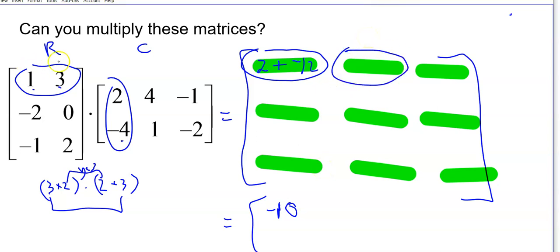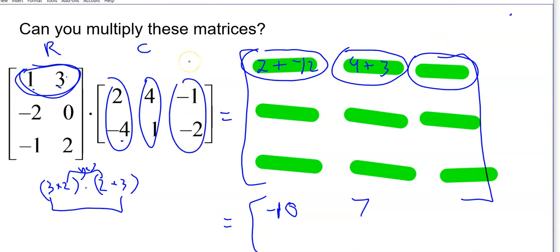Top middle, so top row, middle column. This would be 4 times 1 is 4, plus 3 times 1 is 3. So that's really 7. Top right is going to be top row, right column. So 1 times -1 is -1, plus 3 times -2 is -6. That adds up to -7. So I've got that one.